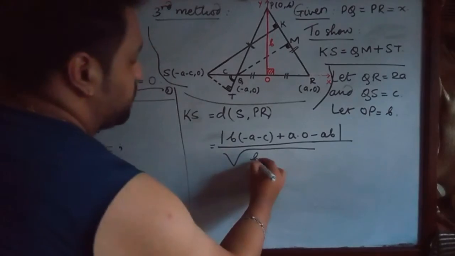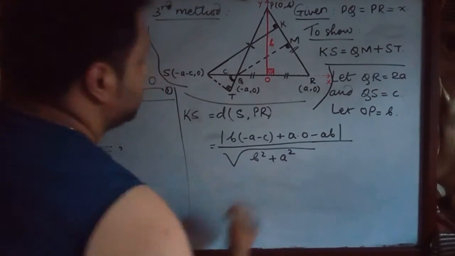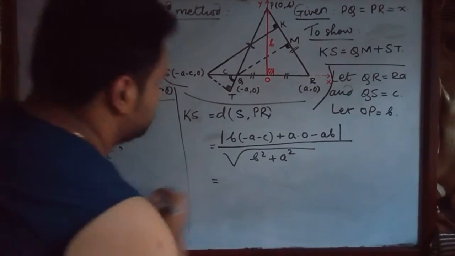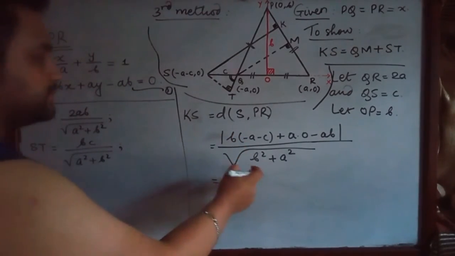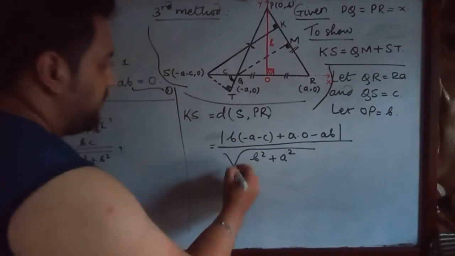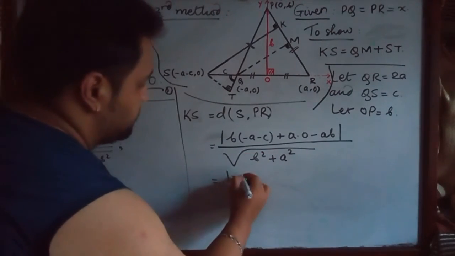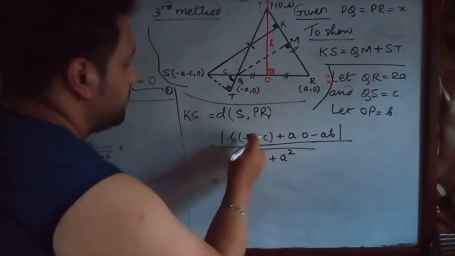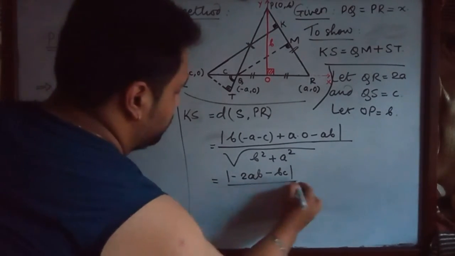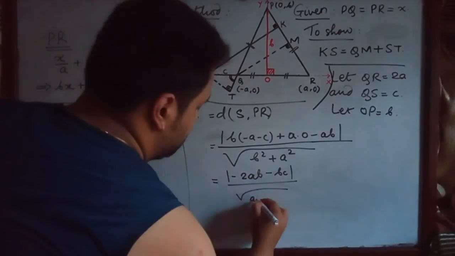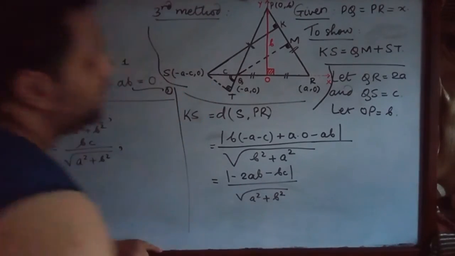Everything is in minus. So this is minus twice ab, minus bc, over the square root of a squared plus b squared.